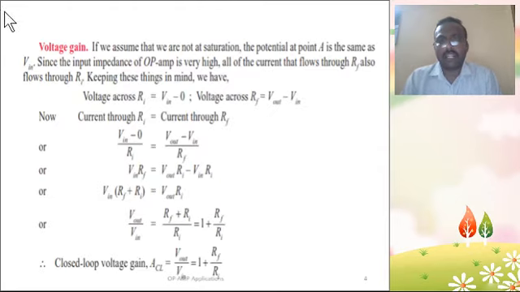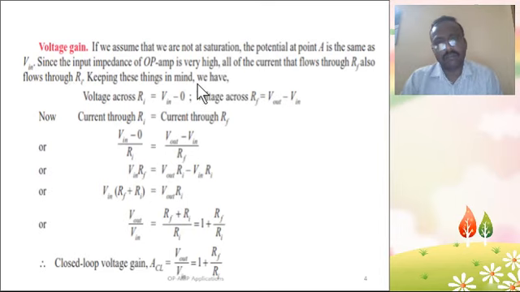So this is analytical part of the non-inverting amplifier. If we assume that we are not in saturation, the potential at point A is same as Vin. Since input impedance of the operational amplifier is very high, all of the current that flows through Rf flows through Ri.